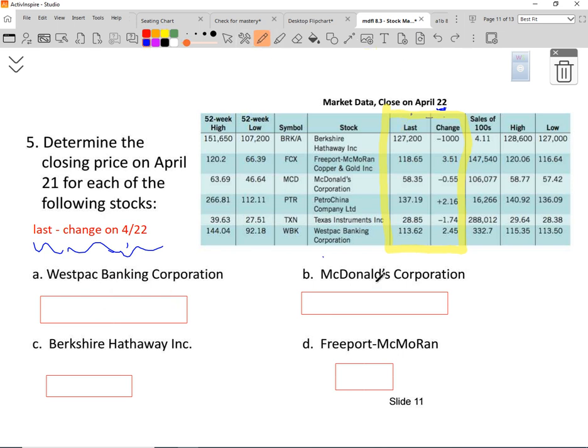So the Westpac Banking Corporation, this bottom one here, the last is $113.62. The change was $2.45. And so the closing price on April 21st is $111.17.